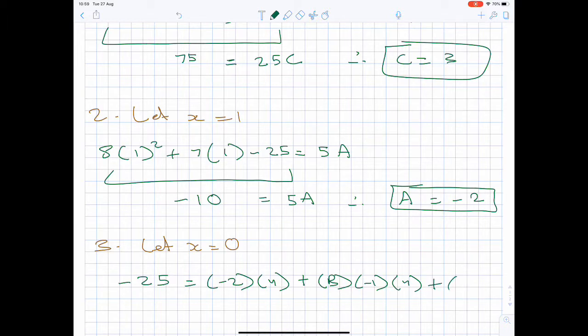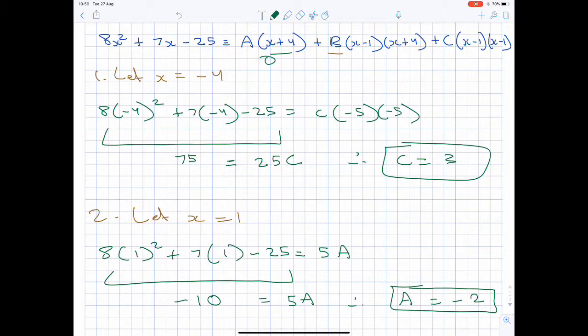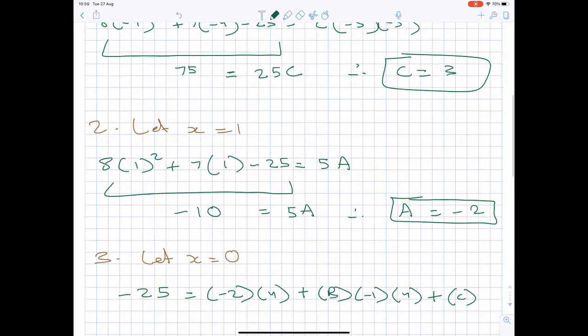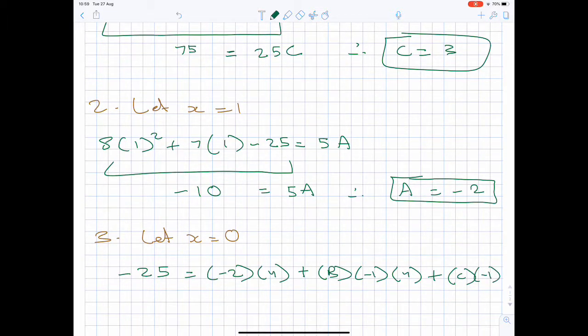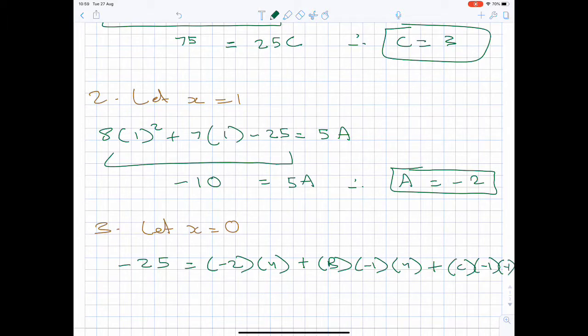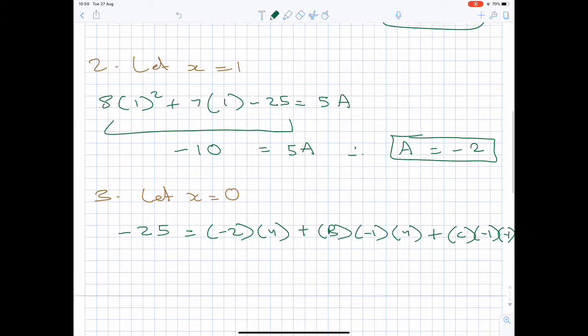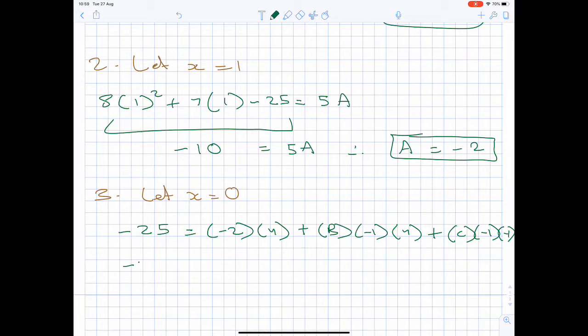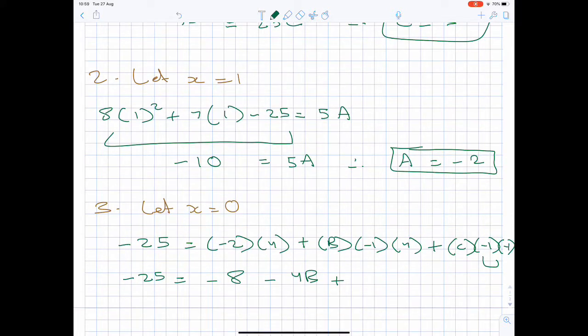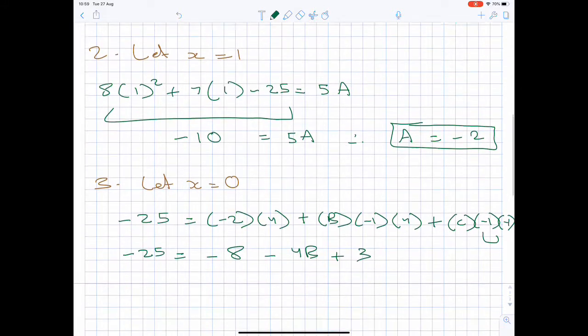Finally, C is 3 times (0 minus 1) squared. Simplifying this down, minus 25 equals minus 8, minus 4B, and when we times minus 1 twice we just get positive 1, and we know C was 3, so that's just 3.